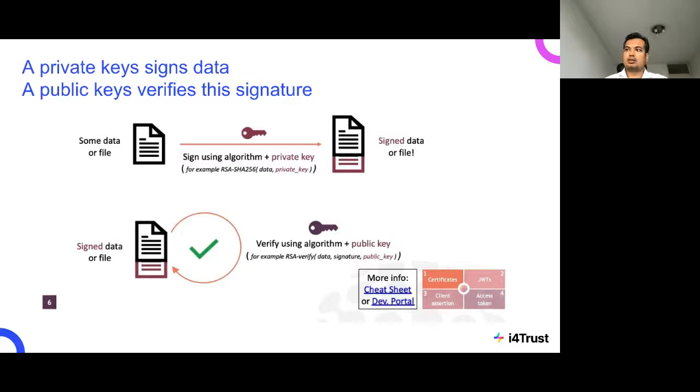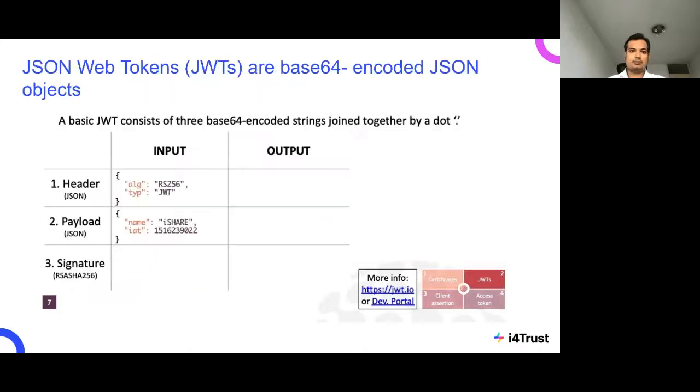And the advantage is if the data in this file is changed, for example, the signature and the whole file becomes invalid, so it will never validate at the other end. So that way, the receiving party knows exactly this is the information that you signed, and it was never changed. So integrity is maintained, right?